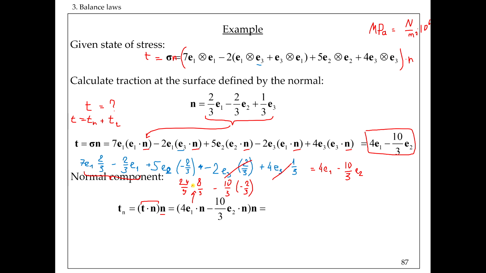So this part, and this is plus 20 over 9, and so we have 20 plus 24 over 9. The whole thing will be just the number 44 over 9, and this is multiplied by n.